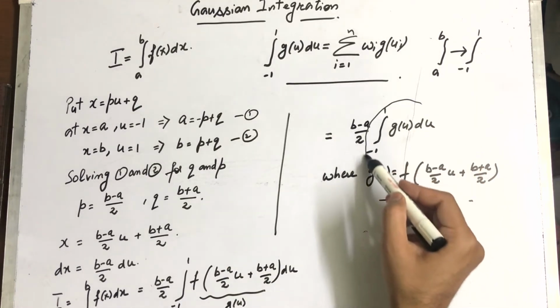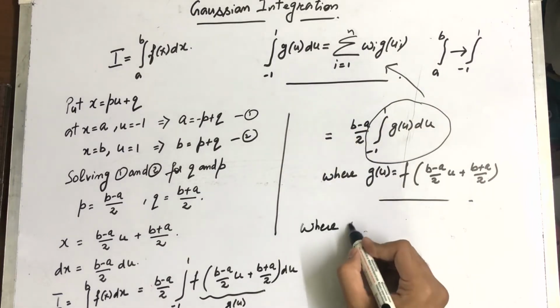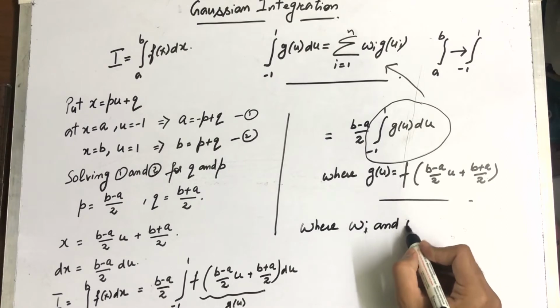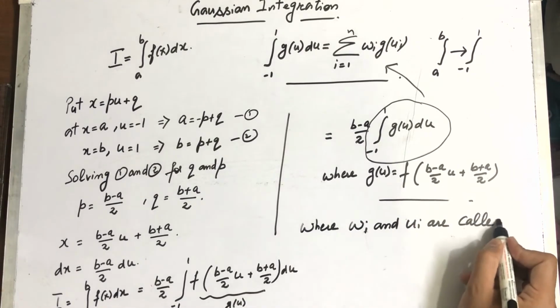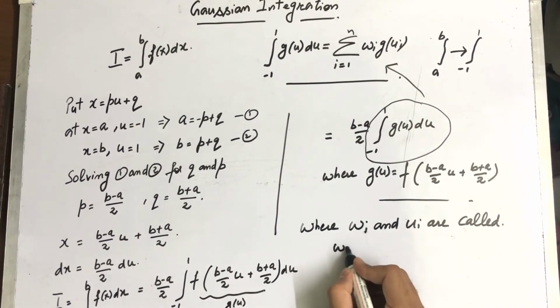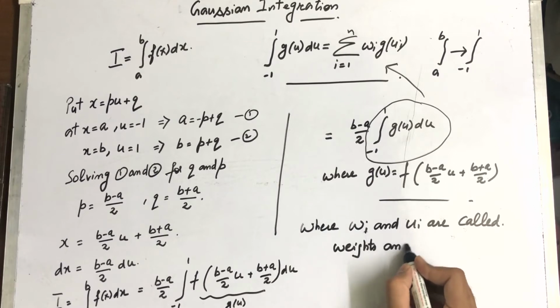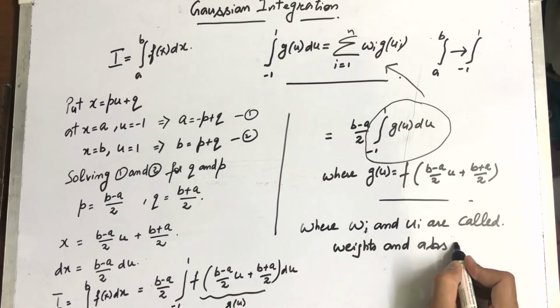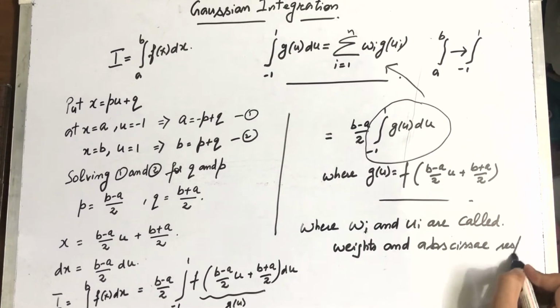Now the formula for this is already known, where w_i and u_i are called weights and abscissa respectively.